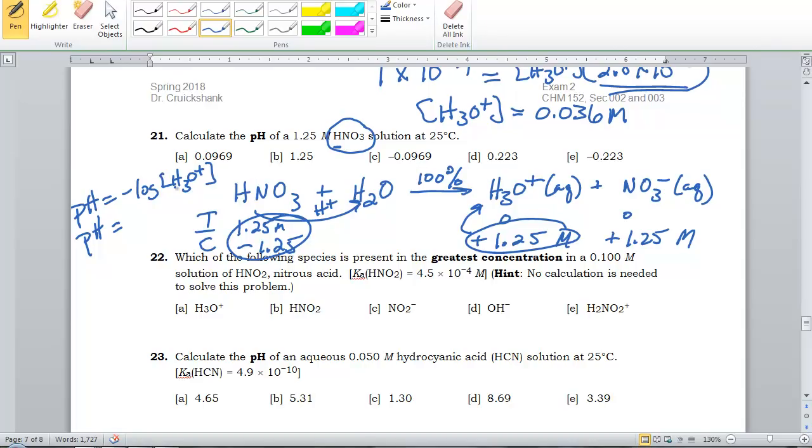That's generally true, but not always. All right, and I do have my calculator here. 1.25, you take the log, it is 0.0969, but we need to make that negative, so the correct answer is C. Okay, so a strong acid, concentration greater than 1 molar, will have a negative pH.